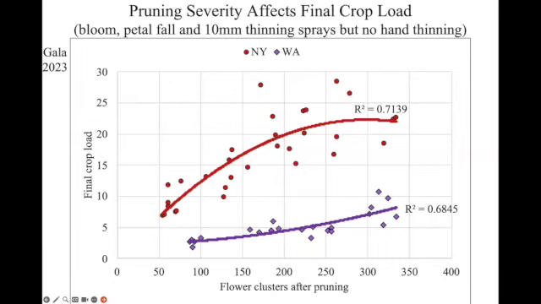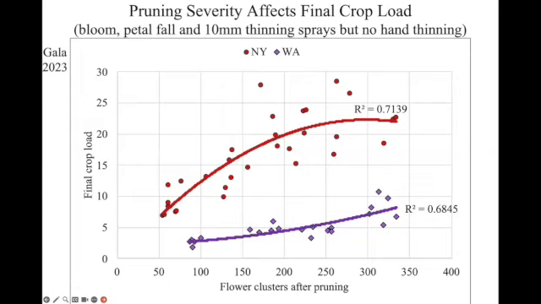So we put on a bloom spray, 2 bloom sprays, a petal fall spray, and a 10-millimeter spray, but the trees didn't receive any hand thinning. So this is just a crop load that you've got after the final chemical thinning with these different levels of pruning. And you can see that from the red line and the purple line, that more pruning gives you a smaller crop load at the end.